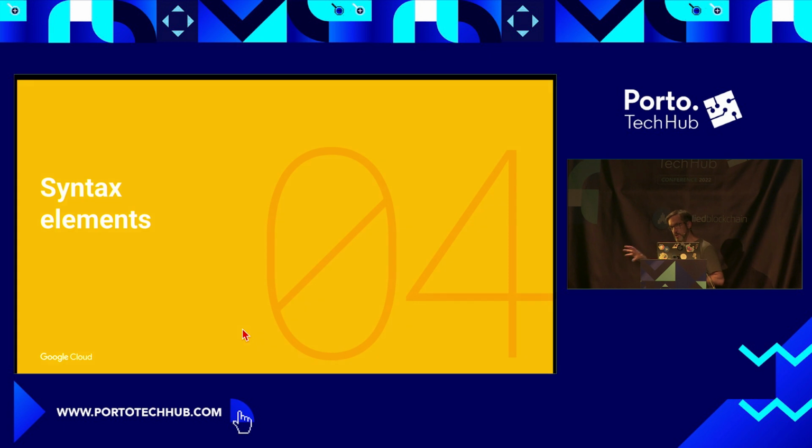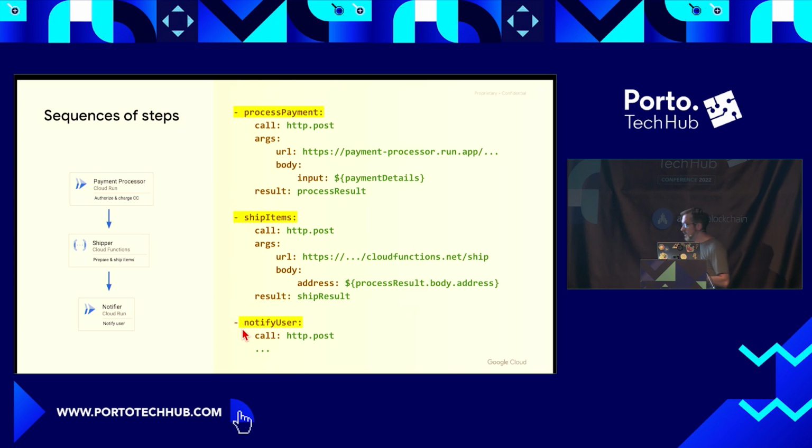And since I'm going to show you my little demos and samples using the workflow syntax, I'm going to give you some elements of what this syntax looks like. For pretty much the same use case as in the beginning of the presentation, I'm going to illustrate how you would write and author your workflow definition.